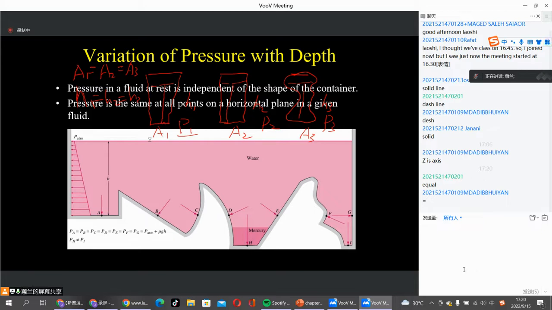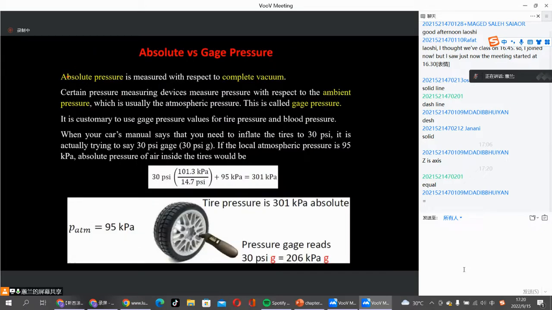H is the depth to the free surface. They are equal. So the pressure force on the bottom of these three vases, they are the same. Okay. Good.